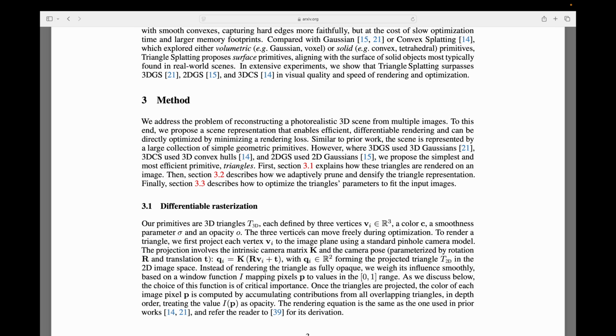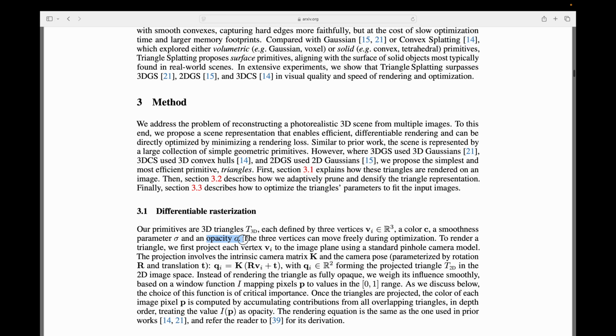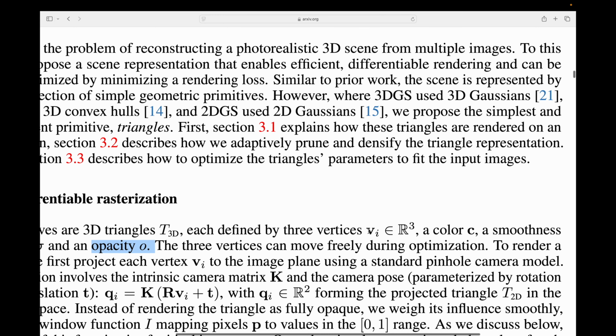For Gaussian splatting, we also have a per-Gaussian opacity parameter. And then, of course, we have the 3D Gaussian mean and the 3D Gaussian covariance. Here, instead of the mean of the Gaussian, because these are triangles, we have the position of each vertex. So we have 3 XYZ coordinates for each vertex, so that's 9 parameters.